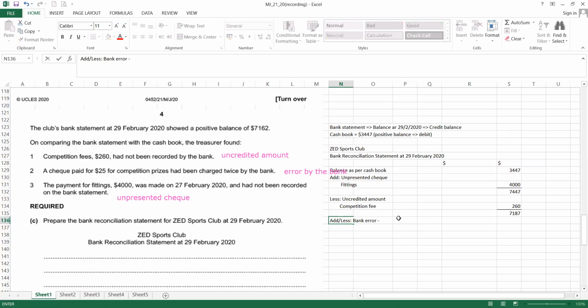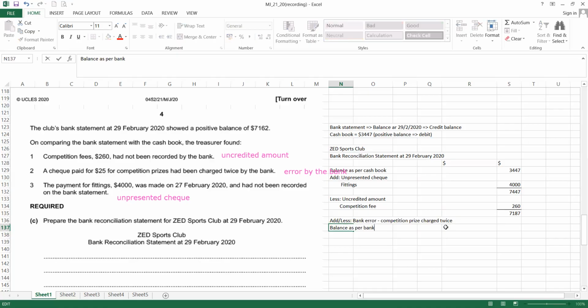For this question, competition price recorded charged twice. For this one amount, 25, should you add or minus? Now I will explain here.